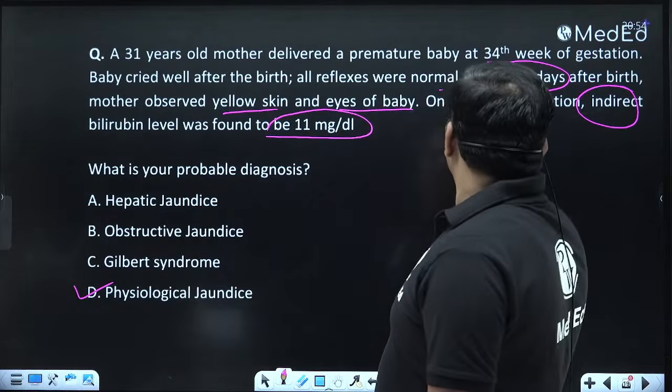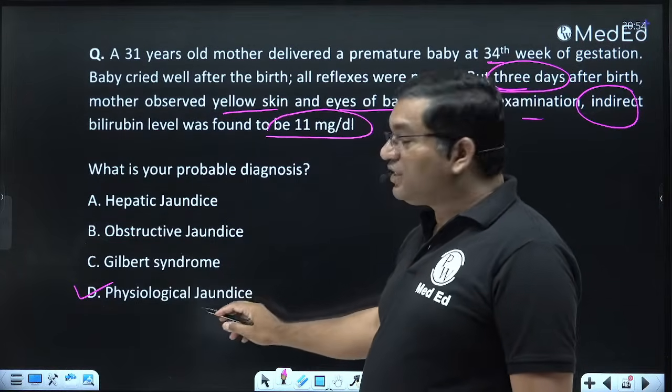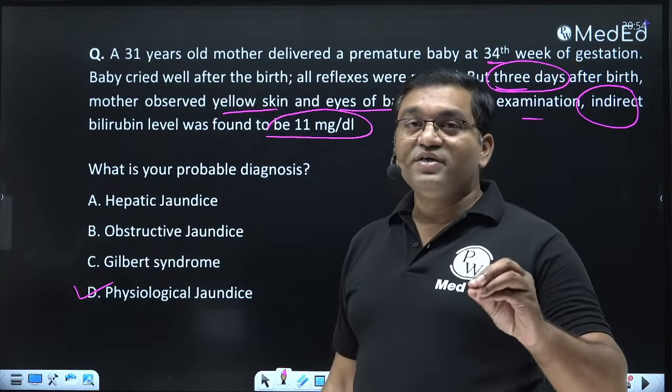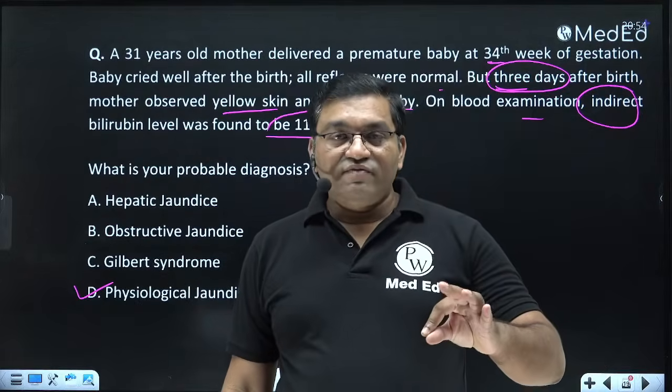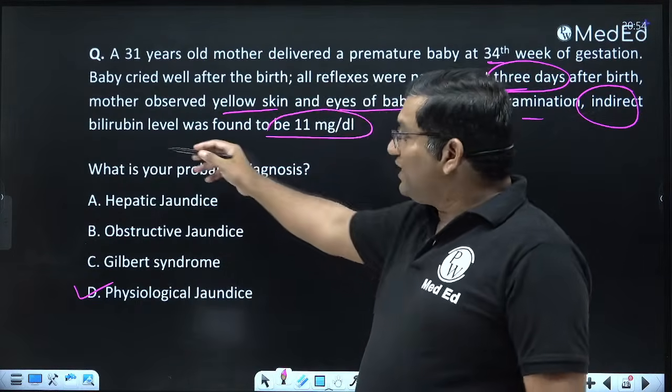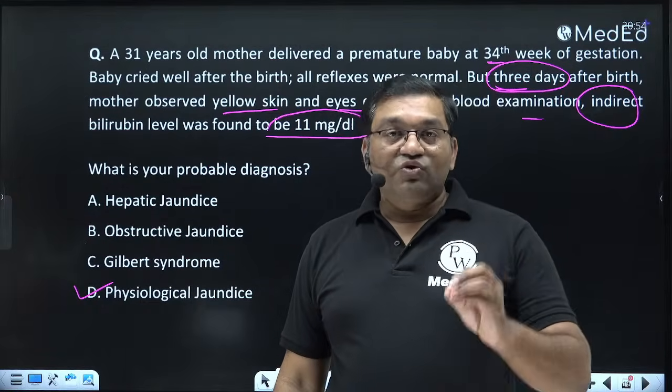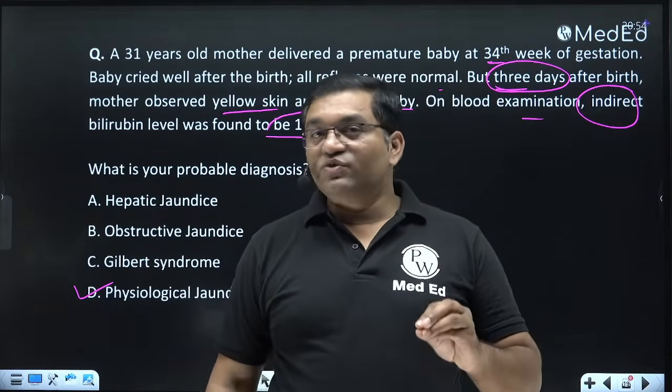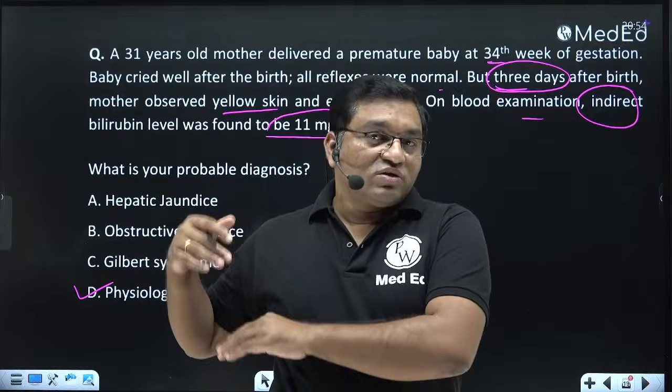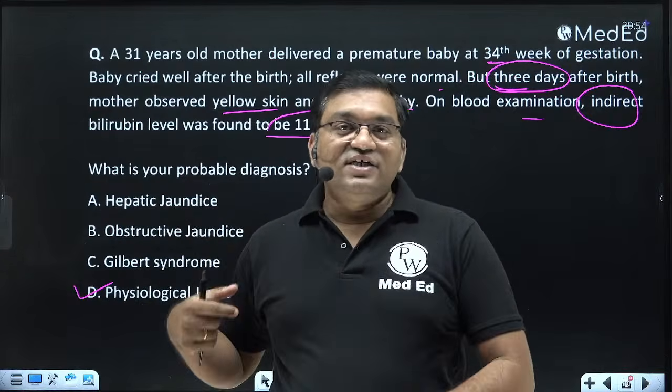So this is the neonatal physiological jaundice. Jaundice appears on third day of life. There is increase in the indirect bilirubin level. Phototherapy is given in the treatment which converts bilirubin into non-toxic isomer and it is excreted through the urine.